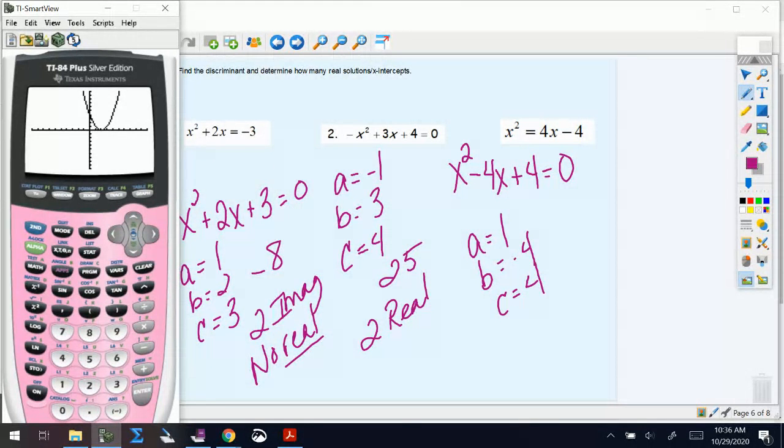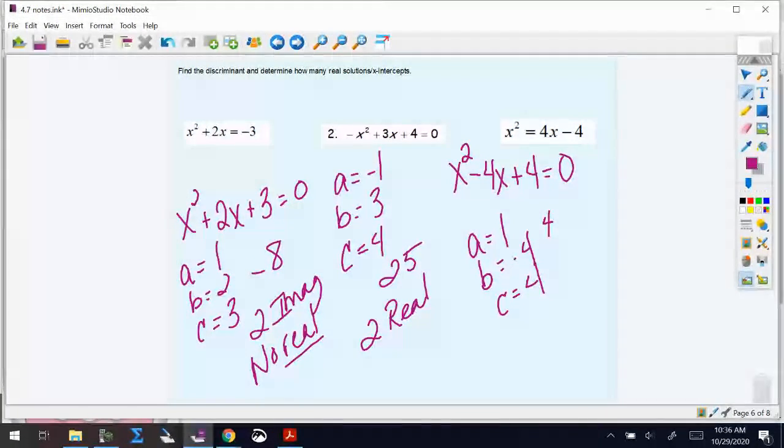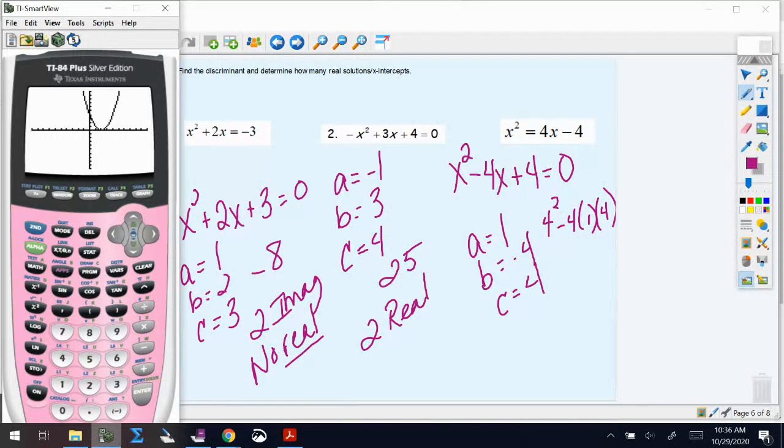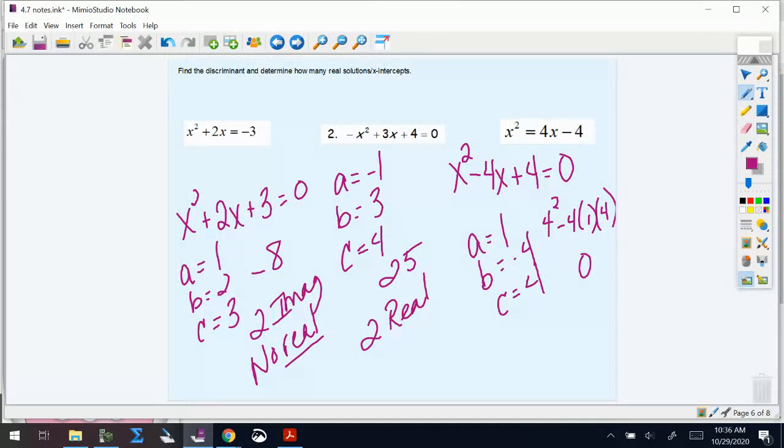So I expect that when I do b squared minus 4ac, notice I didn't put the negative when I squared it, I'm just going to do 4 squared minus 4 times 1 times 4, which is 0, which means it has one real solution. So you can use the picture to help you so much.